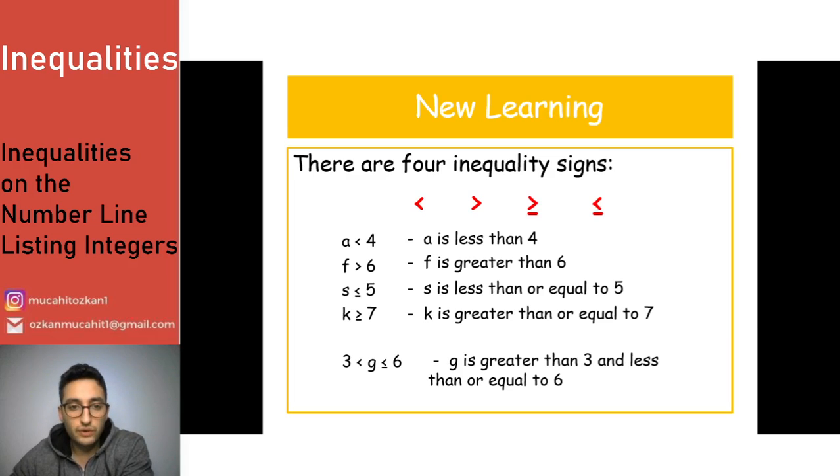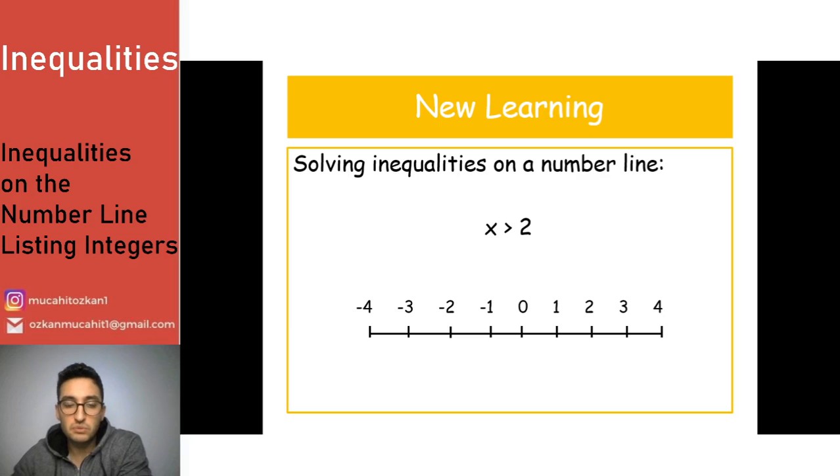Also, we can show inequalities on the number line, but to show them on the number line, again, you need to know what each sign means. For example, in this example, we are given a number line and the inequality x is greater than 2. x can be any number greater than 2, but it cannot be 2.